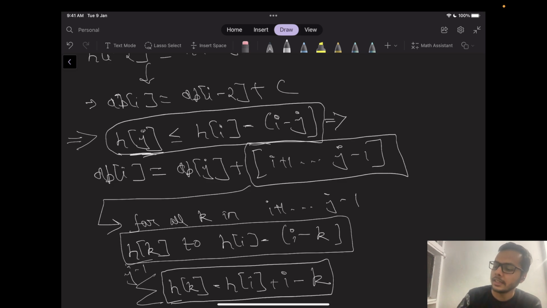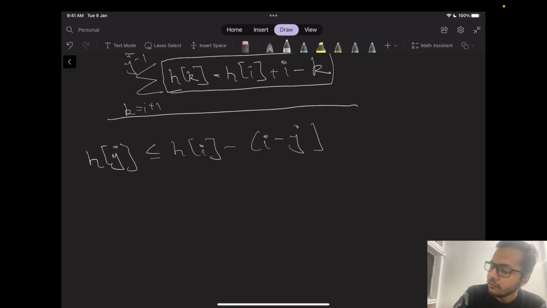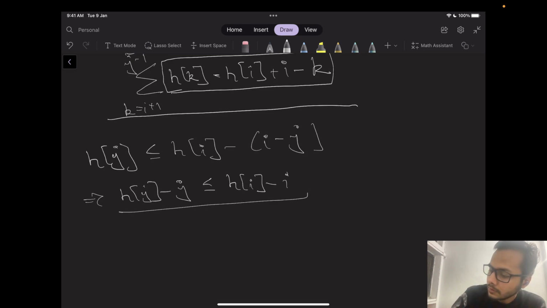So let's focus on finding this j. If we expand it out, we get h of j minus j is smaller than or equal to h of i minus i. And we need the rightmost j smaller than i which satisfies this condition.